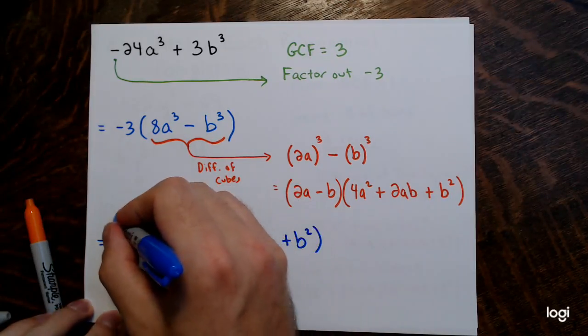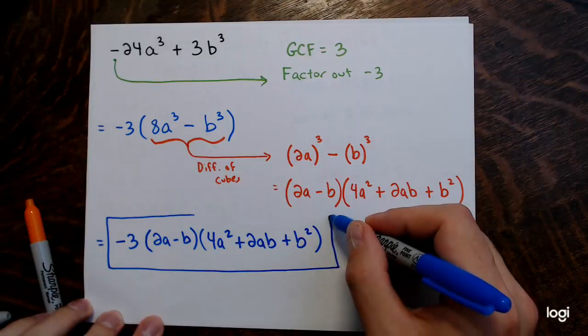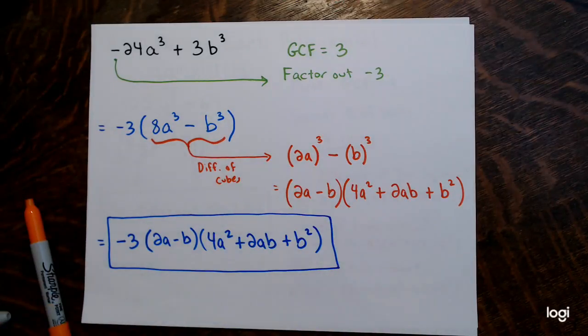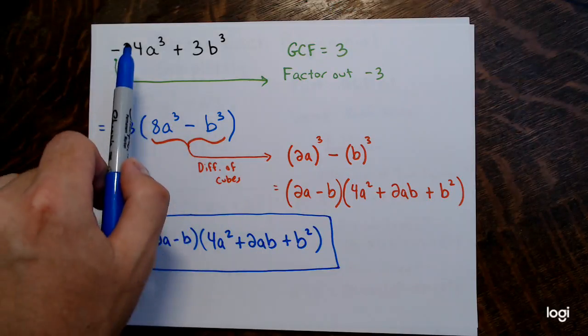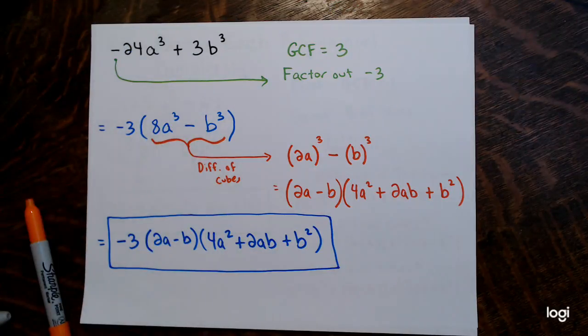And that is that polynomial factored completely. And again, always check by multiplying. Multiply this factor and this factor, do all the distributing and combining like terms, and you'll get this back. And then multiply by negative 3, you get this back.